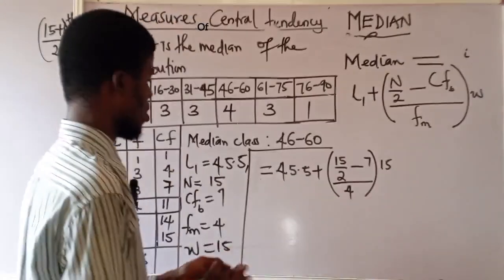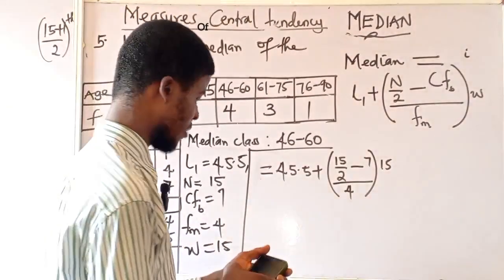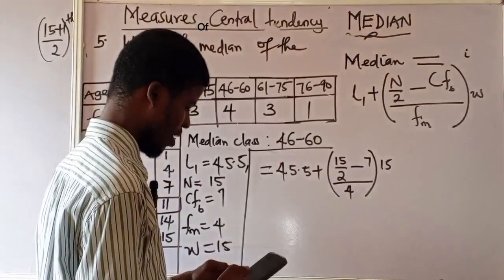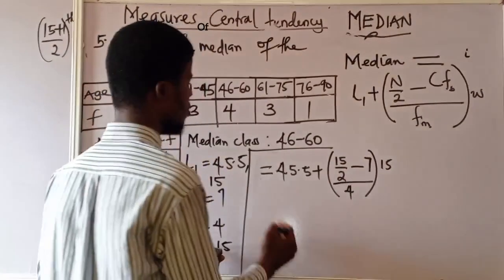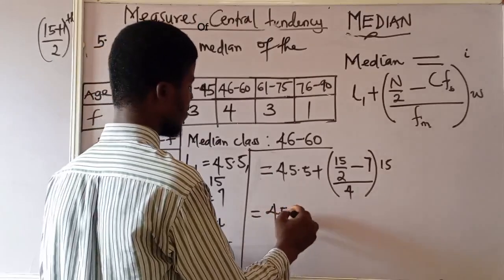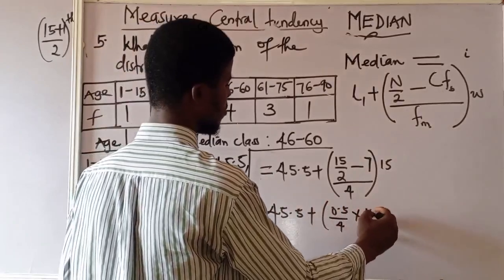Let's press our calculator. 15 divided by 2 is 7.5. 7.5 minus 7 is 0.5. So we have 45.5 plus 0.5 over 4 times 15.